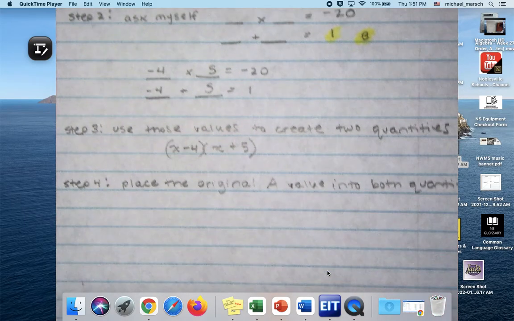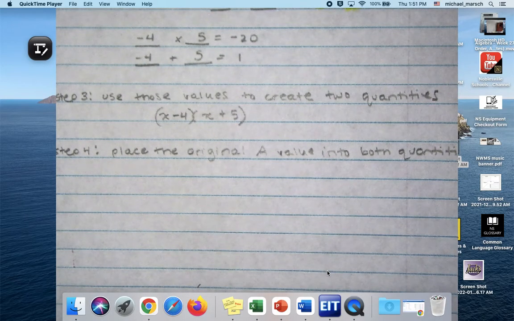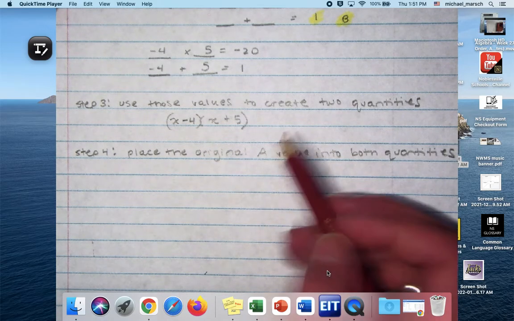Okay, so step 4 is to place the original a value into both quantities. So we'll talk about what that looks like here.